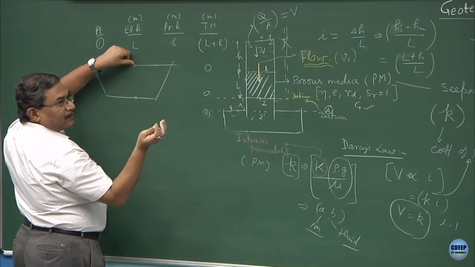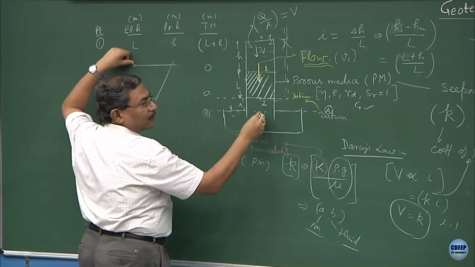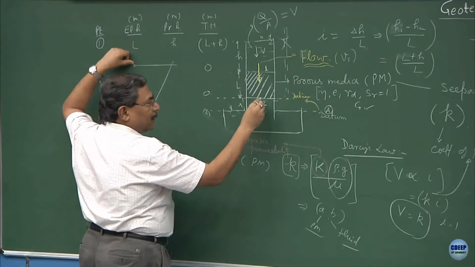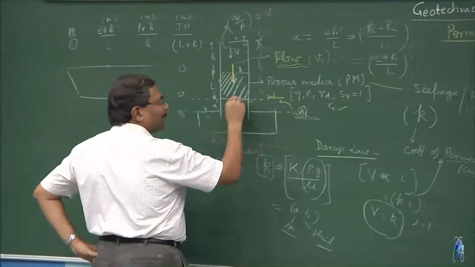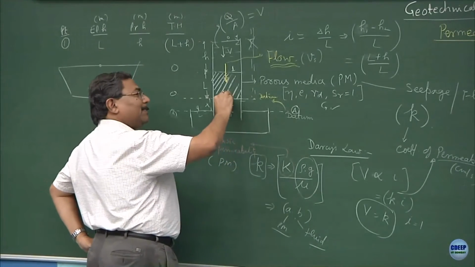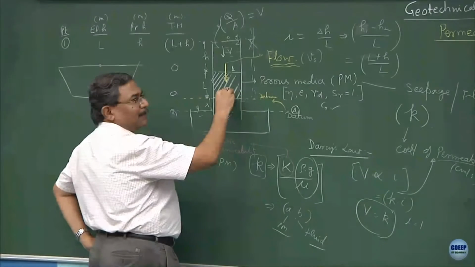There is another logic. The same is valid over here also. This is exposed to the environment, and this is exposed to the environment. This point is just sitting on the surface, let us say, inside the boundary within the sample.